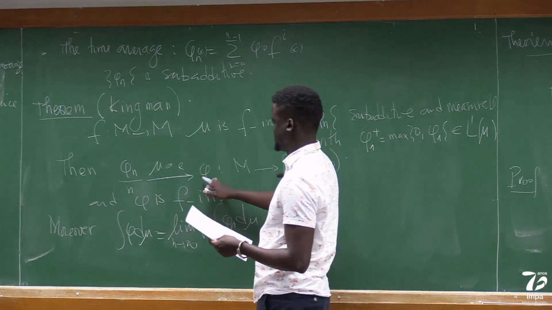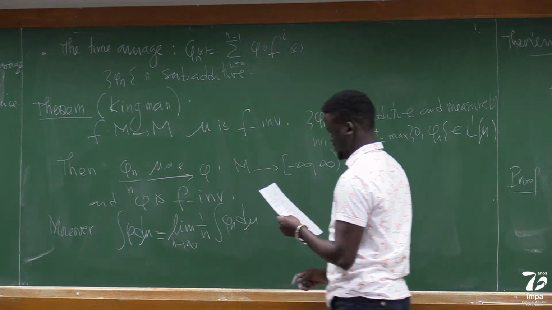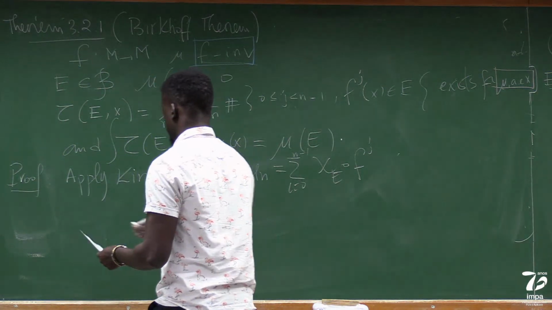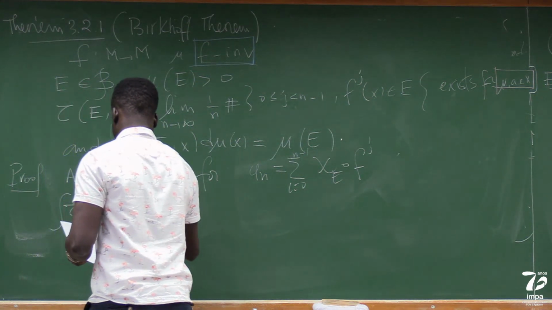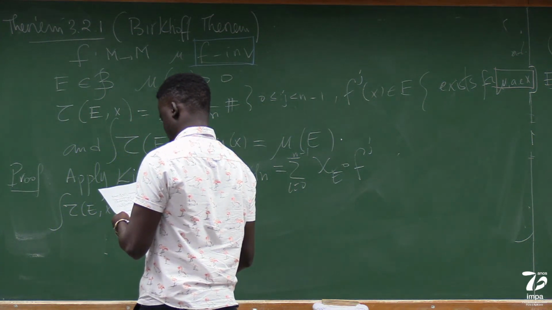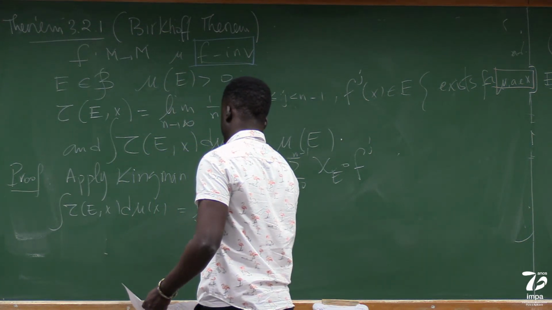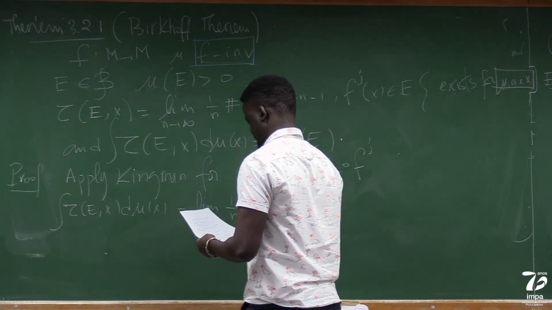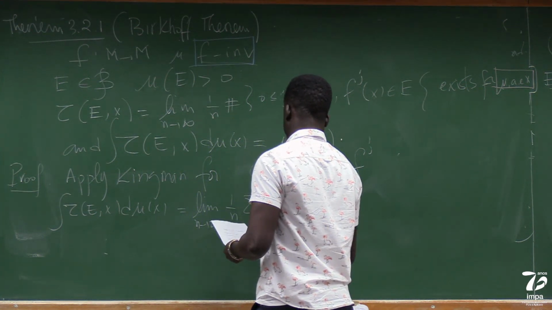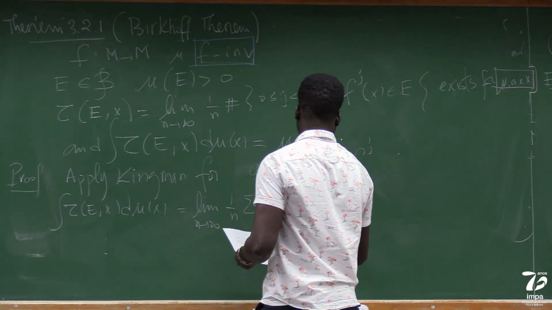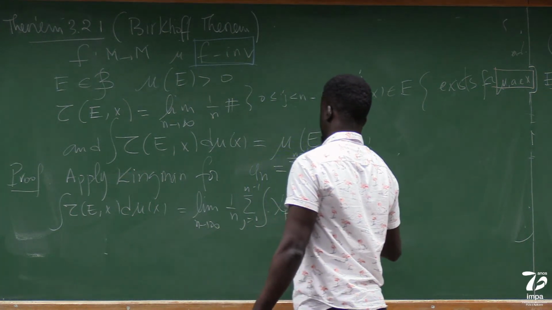This will be tau of x, and the integral of tau of x d mu x is the limit when n goes to infinity of 1 over n times the sum of the integral of the indicator function of E composed with f^j d mu.